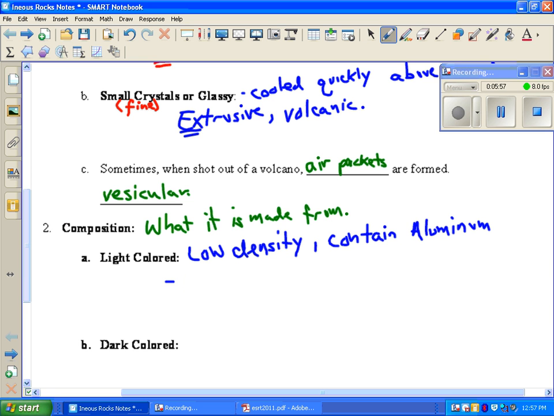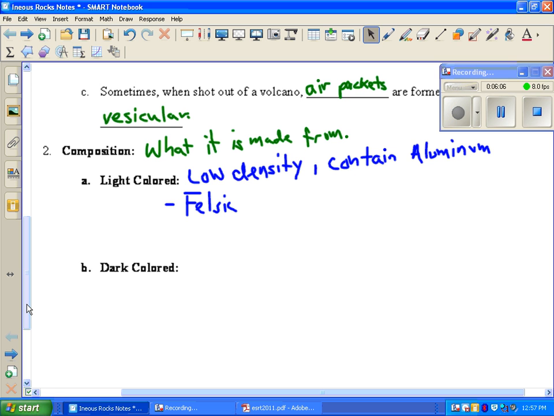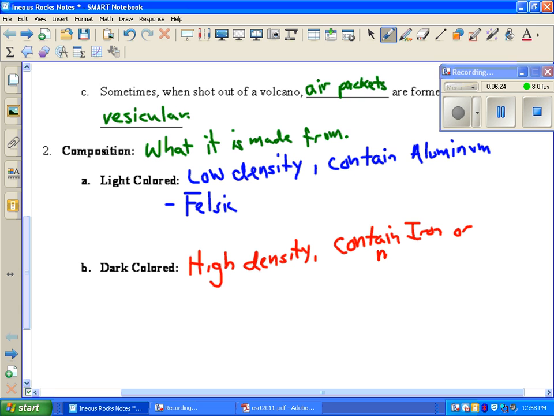And the name for that type of rock is felsic. If they're darker colored, we know they're going to be higher density. They're going to contain iron or magnesium. And we call that mafic.